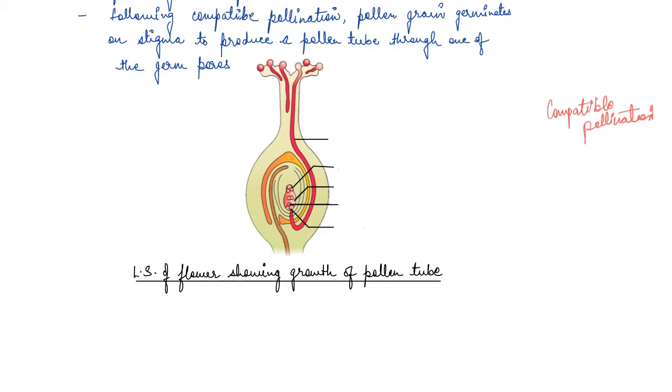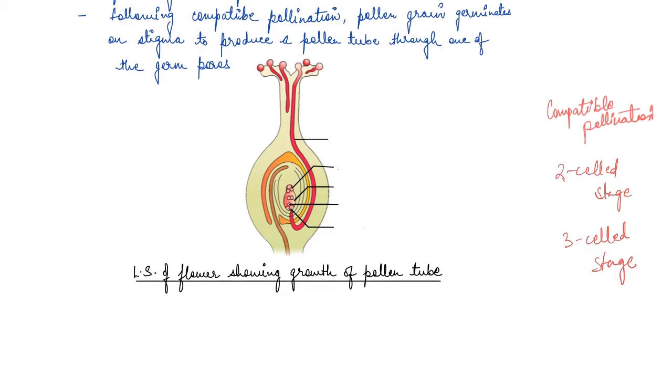Now you would also remember that previously we have studied that pollen grains can be shed either at the two-celled stage or the three-celled stage, right? In the two-celled stage, one was the generative cell and one was the vegetative cell, right? And in the three-celled stage, we have one vegetative and two generative cells, right?